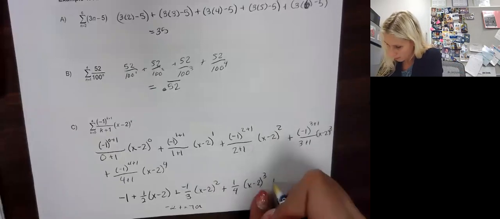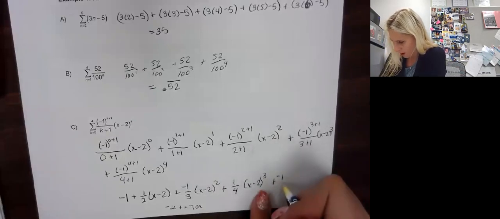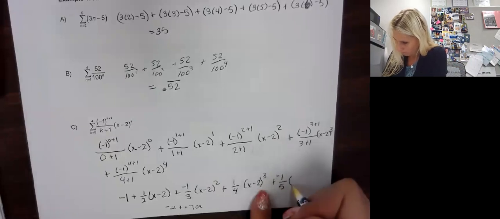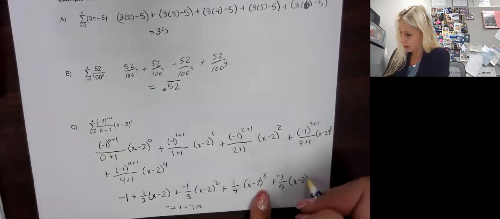One more, plus negative 1/5 times X minus 2 to the fourth.